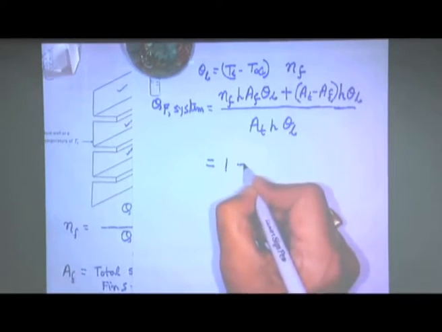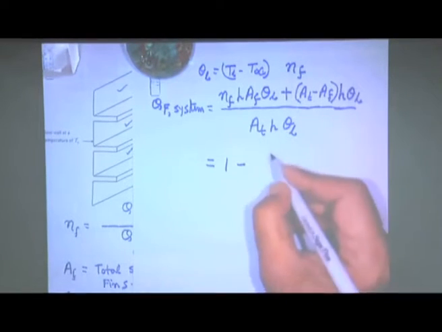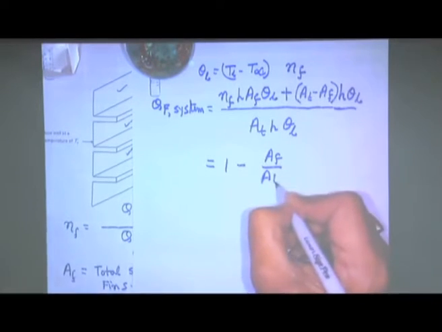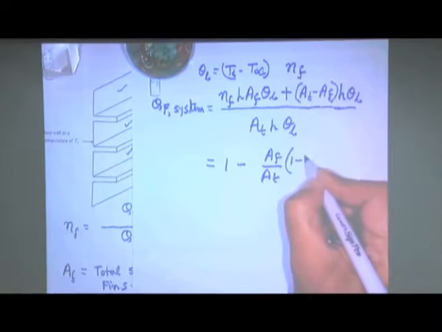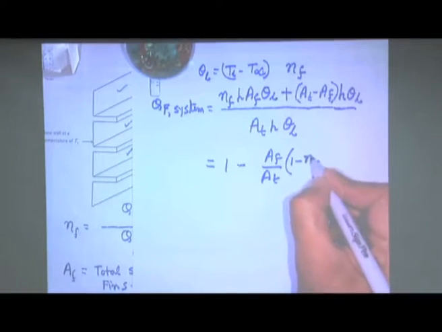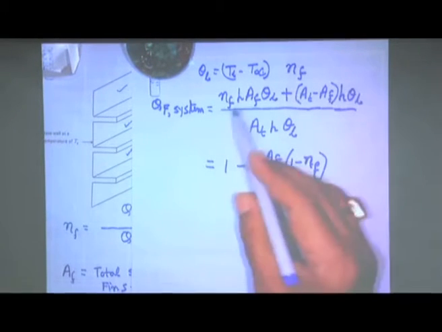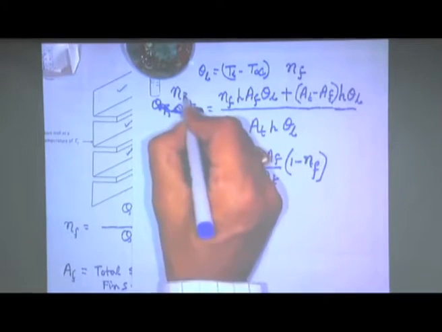Theta B cancels out, h cancels out, leaving 1 minus AF by AT into 1 minus eta F. Sorry, it will be the efficiency of the fin array system, not QF. I am sorry, it is the efficiency of the fin.